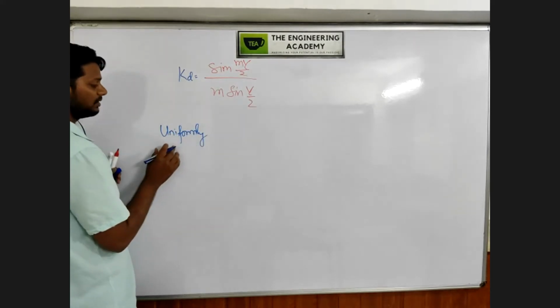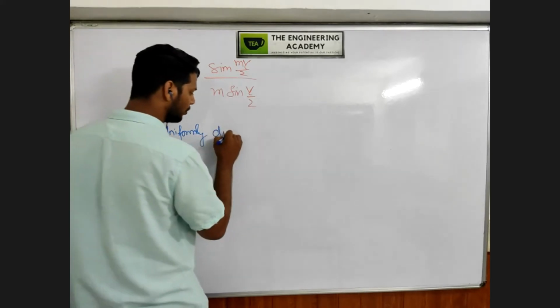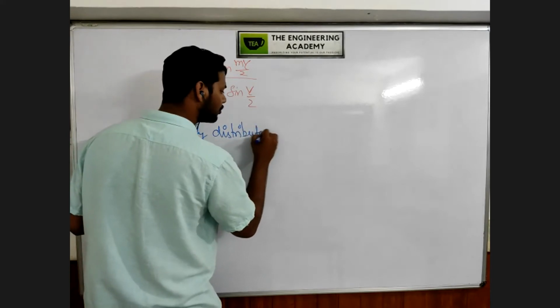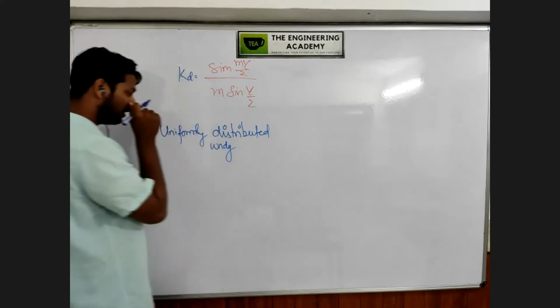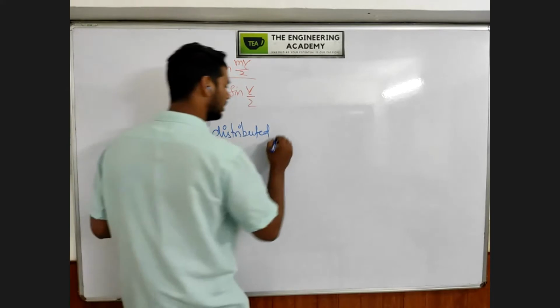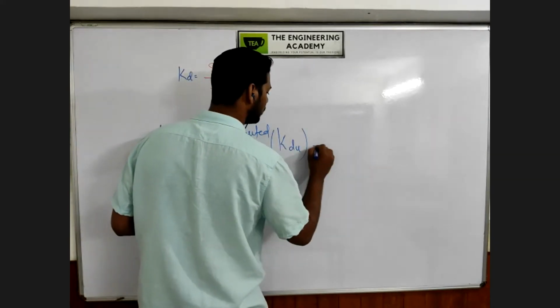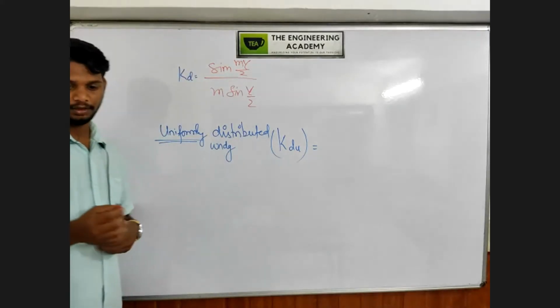I'm stressing this word, which is uniformly distributed. I'm stressing uniformly. So there is another formula. For this, we use suffix KDU.